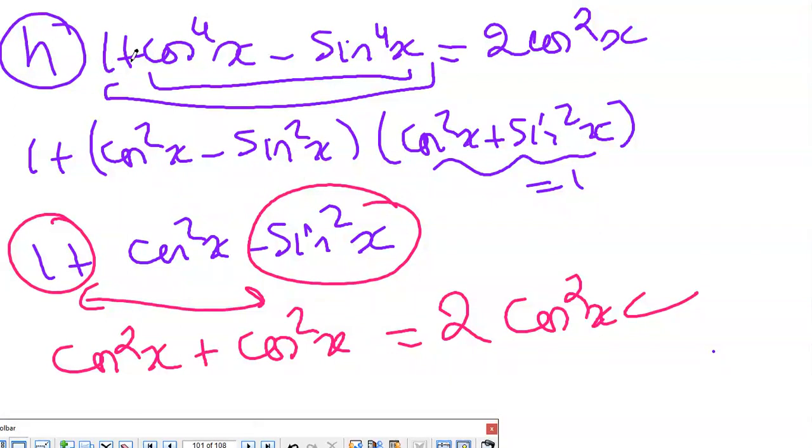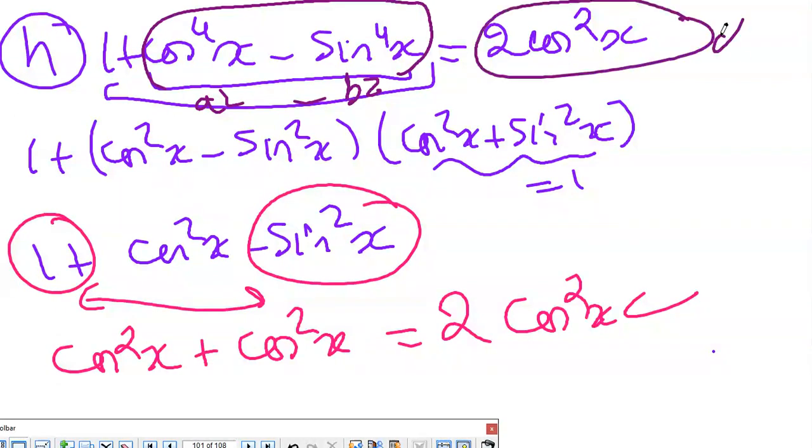Now here again, I want to prove 1 plus cosine 4x minus sine 4x equals 2 cosine squared. If you look at this part here, this will remind me of a squared minus b squared. So I can factorize it. This one I cannot touch. I just need to use the first part. 1, it's still here. This is a squared minus b squared. So it's a minus b, a plus b. Because the power is 4, it means a is squared.